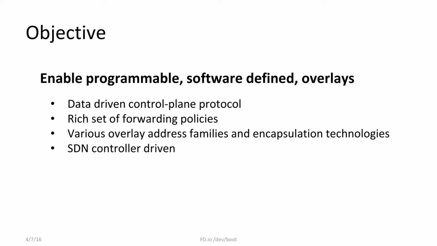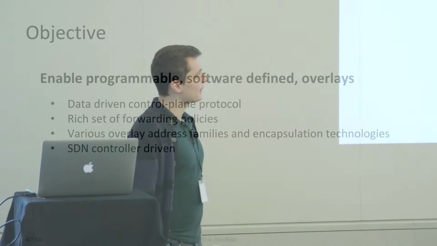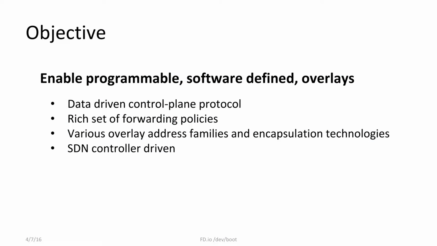Then these mappings between the overlay and underlay, we want them to be as rich as possible in terms of what they can convey. Simple use case would be you want to just convey connectivity information, but perhaps we want to do something more like ACLs or traffic engineering and so on and so forth. Then within the overlay namespace, of course, the logical thing would be to support v4, to support v6, but we would like to support something else.